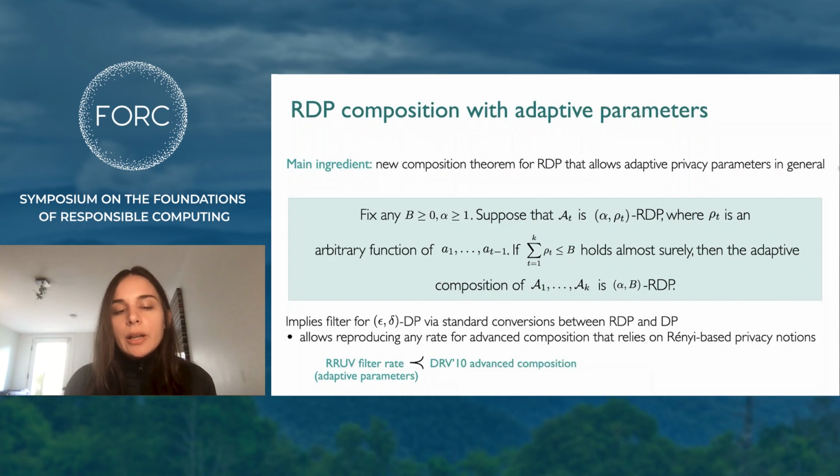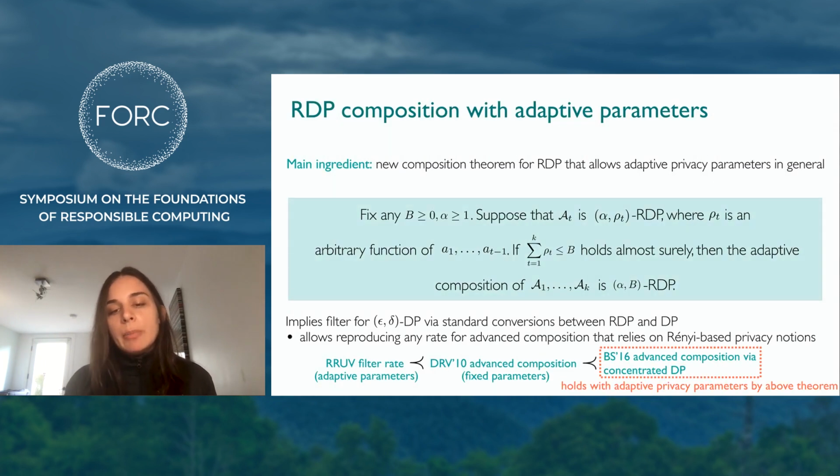And asymptotically, it behaves like the advanced composition theorem of Dwork, Rothblum, and Vadhan from 2010. Of course, the advanced composition theorem only holds for fixed privacy parameters. But this rate of advanced composition from 2010 has subsequently been improved using Rényi-based privacy notions.